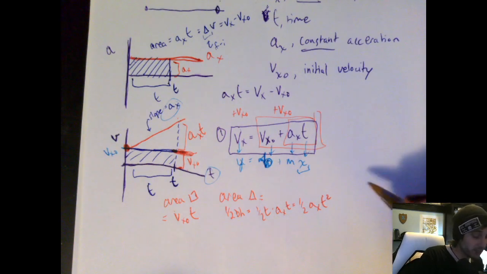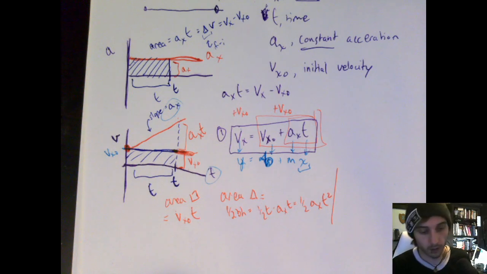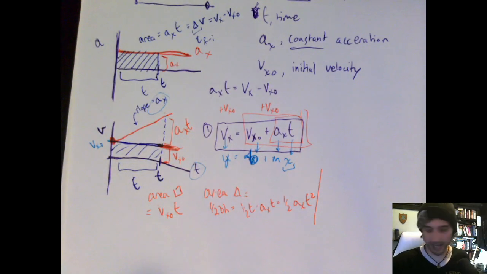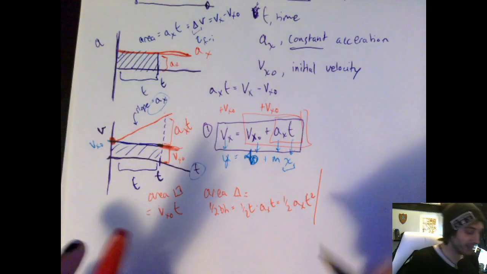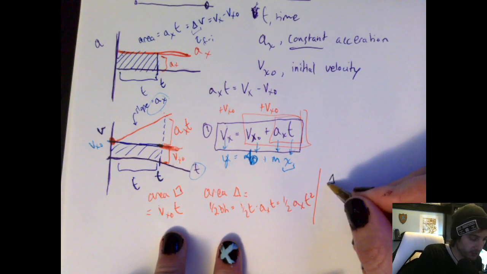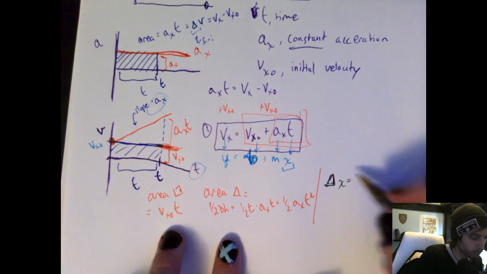What we can then do is take my pen. I feel like there's another one that, yeah, right here. What we can do is take those two areas and put them together, and that will give us our displacement because the area on a velocity graph gives us displacement.